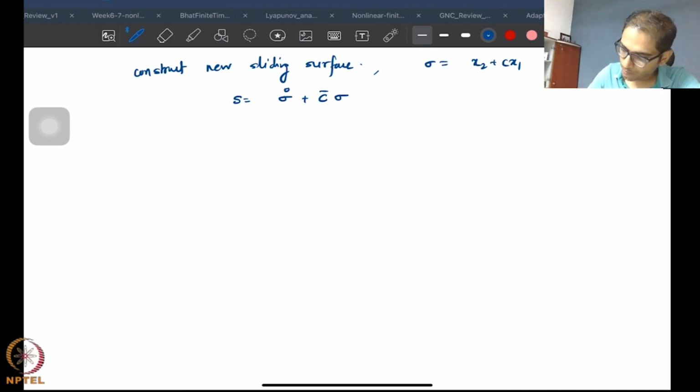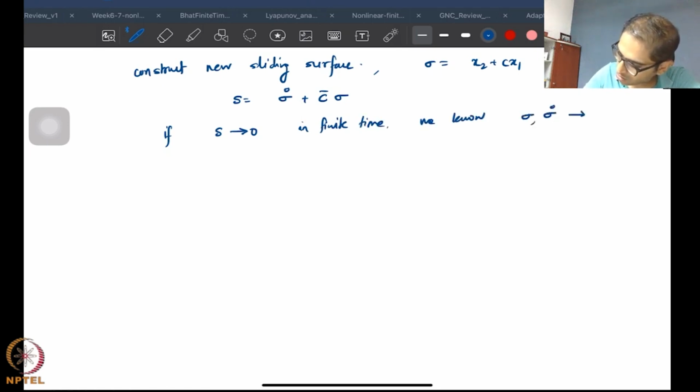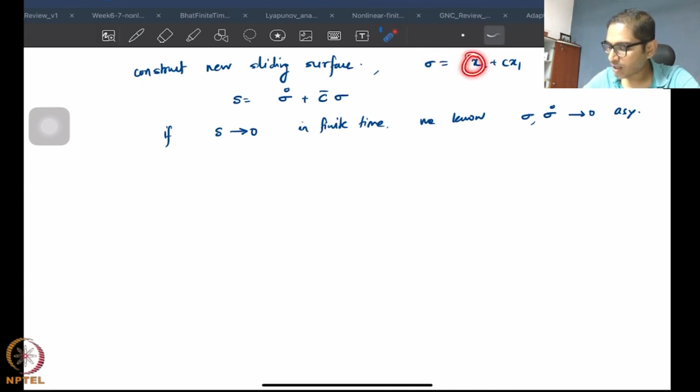So what happens now if we say that s goes to 0 in finite time? What do we have? We know sigma dot goes to 0 asymptotically, just like before, right? Before we proved that if sigma goes to 0 in finite time, we have x1 dot and x1, that is x2 and x1, go to 0 asymptotically, and that's what we'll have.